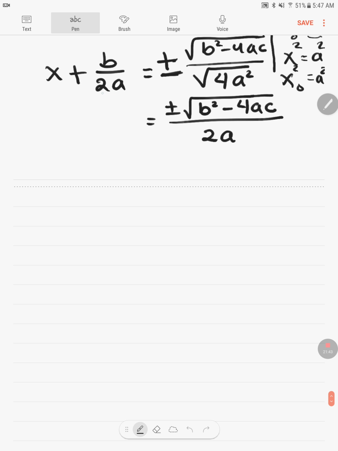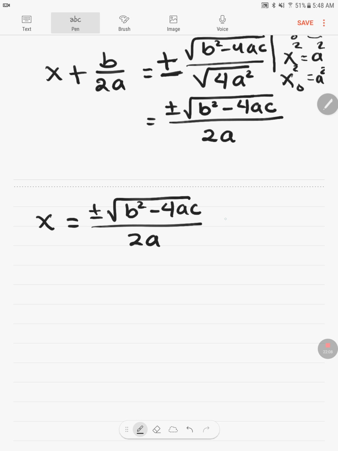Now, by looking at the left hand side and the right hand side, we could subtract this quantity from both sides to get rid of that. So x will equal plus or minus square root of b squared minus 4ac divided by 2a minus b over 2a.